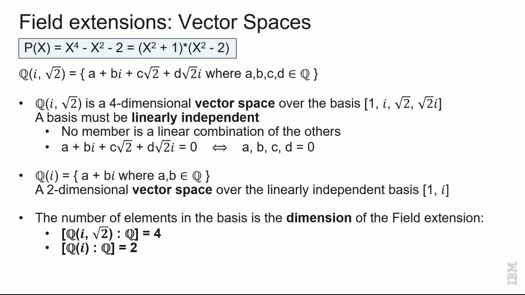You need a vector space of size 4 to span this, as we saw. And similarly, if you want to just use Q adjoined i, you have a vector space of 2 elements, and therefore the dimension of the field extension Q adjoined i is 2. So the dimension is just the size of the basis that spans the vector space.